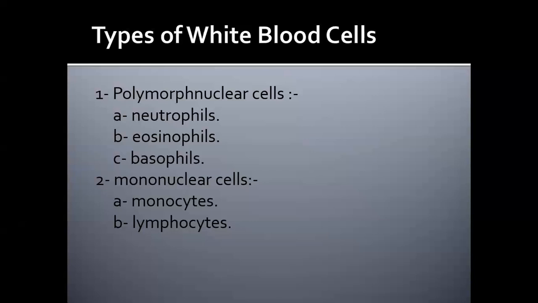So polymorphonuclear cells have a nucleus consisting of 3 or more lobes. This includes the neutrophils, eosinophils, and the basophils. While when the cells have a mononuclear cell, or what we call a one lobe nucleus, this is called a mononuclear cell, which includes the monocytes and the lymphocytes.